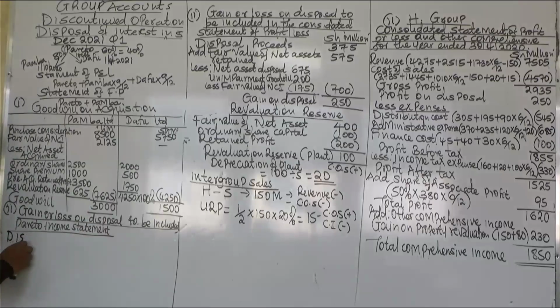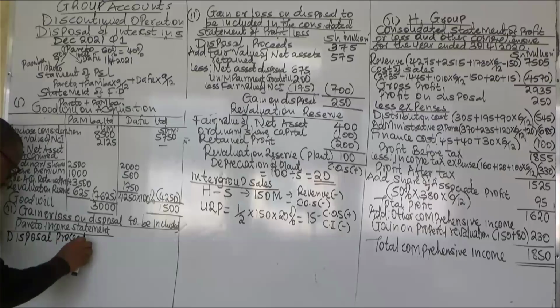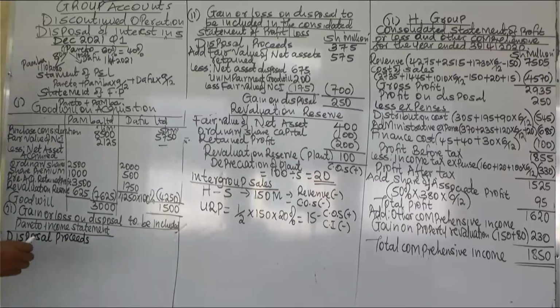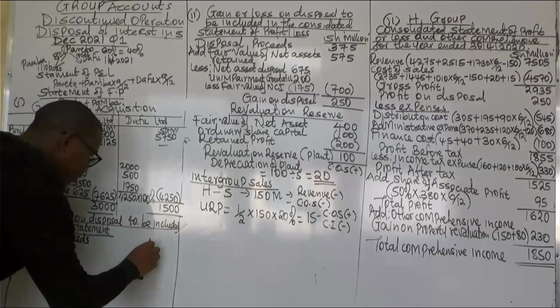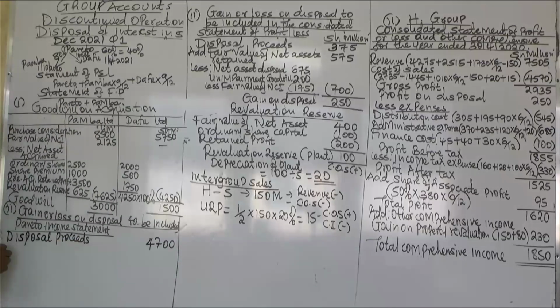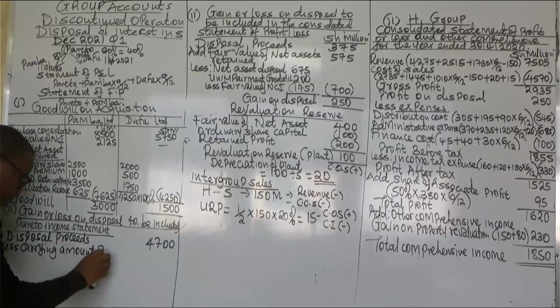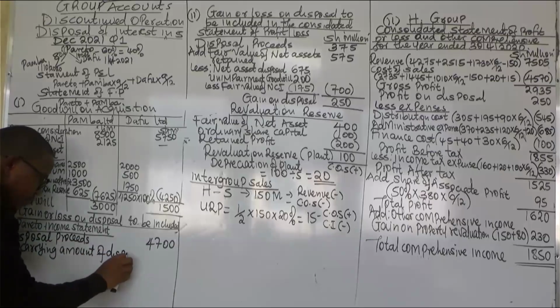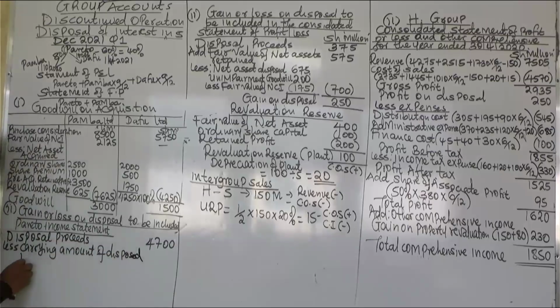the disposal proceeds. What was our disposal proceeds? On additional information number 4, he disposed it for 4,700. So we less the carrying amount of the disposed investment.